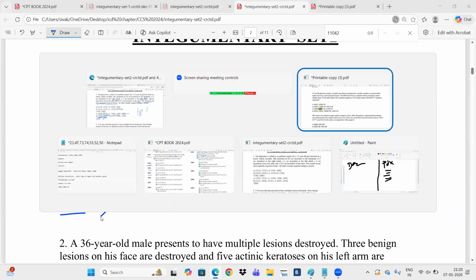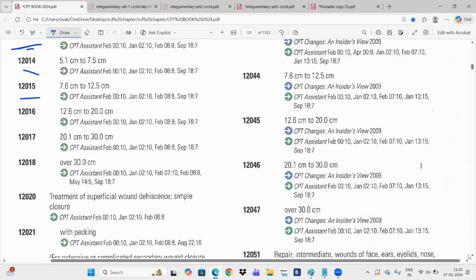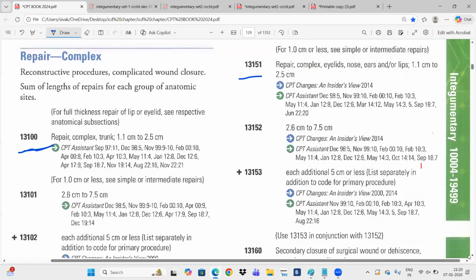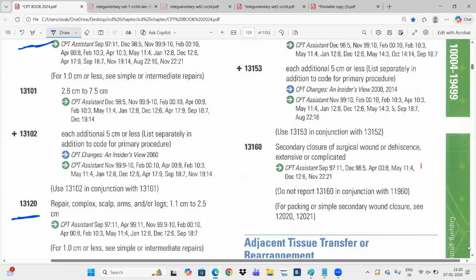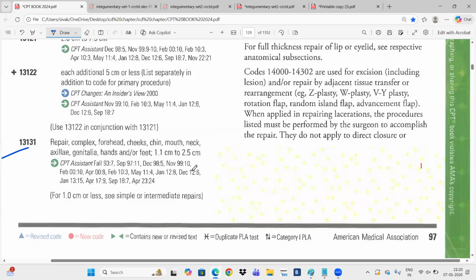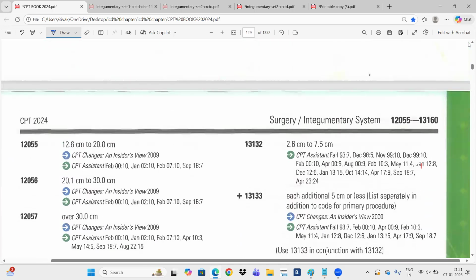Up to 2.5 centimeter, 31. Then 2.6 to 7.5 is another primary code. Two primary codes we should not code. 32 we need to use.